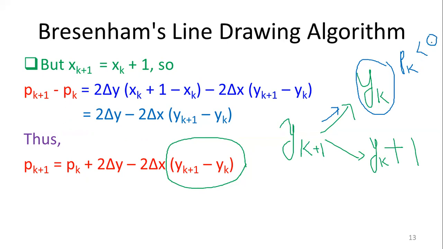So when pk is less than 0, yk plus 1 will be equal to yk. That means this term will become 0 when pk is less than 0.